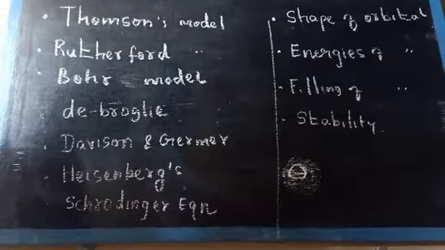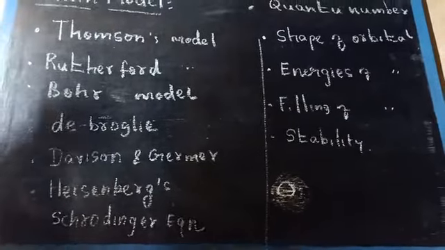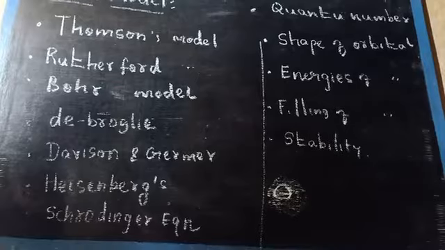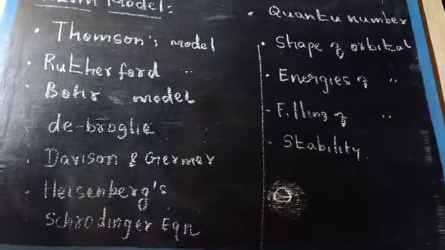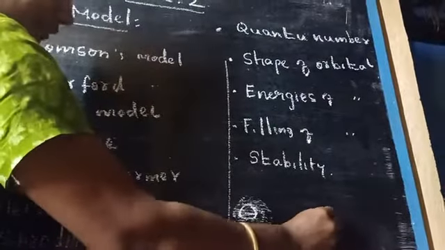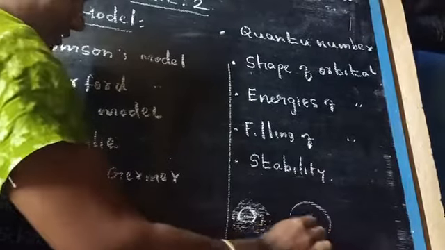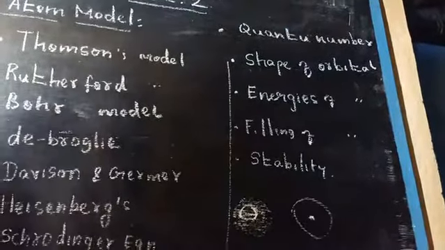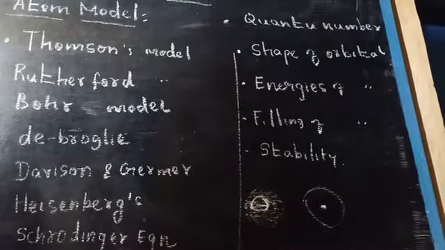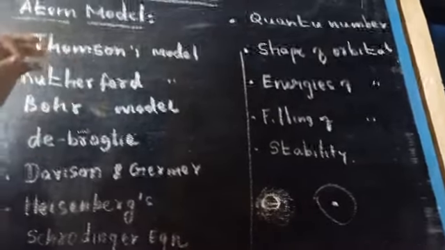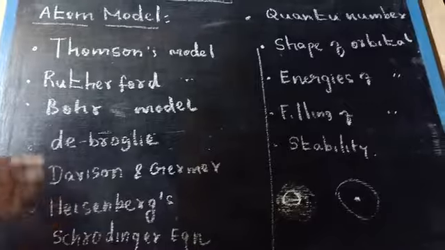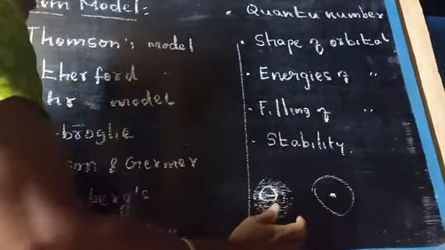Later on, this concept was found wrong. The second scientist is Rutherford. Rutherford said the center of the atom is the nucleus and electrons revolve around the nucleus.